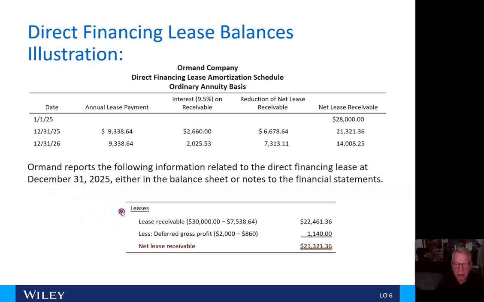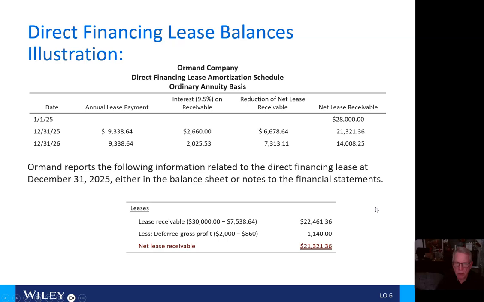Our lease receivable is going to be $461,036 and our deferred gross profit will be $1,140, for a total net lease receivable of $21,321.36 as shown here.